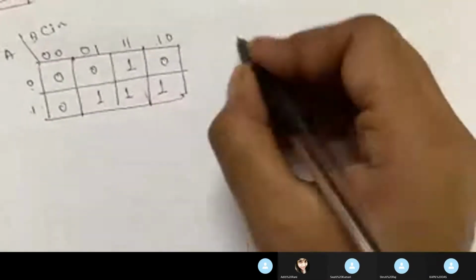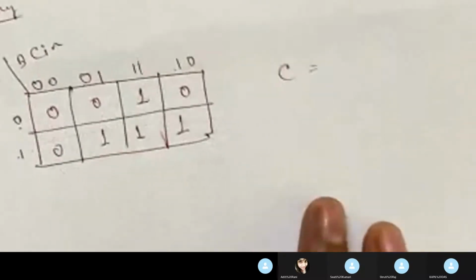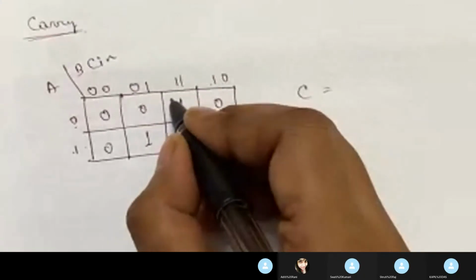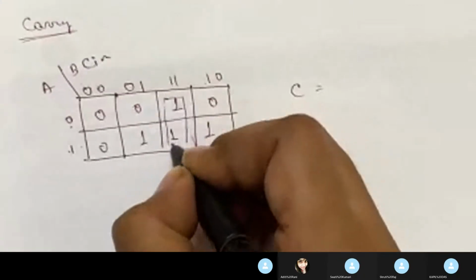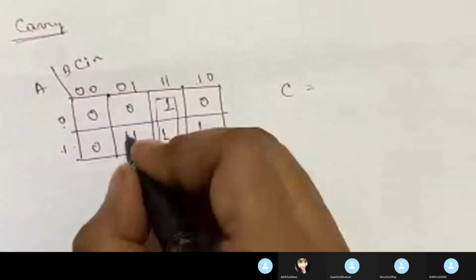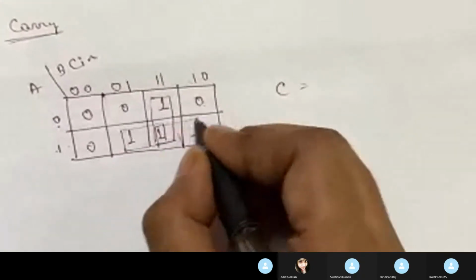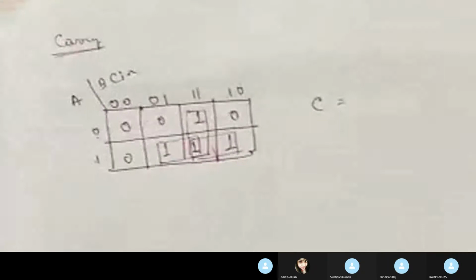So now what we will do, we will write the carry output from it. For the carry output, you can see here the 1s can be paired up, like this one can be paired, this one can be paired, and these 2 also can be paired.